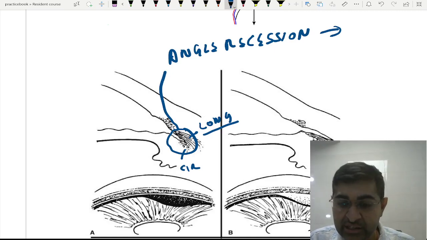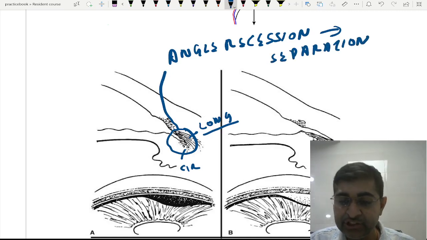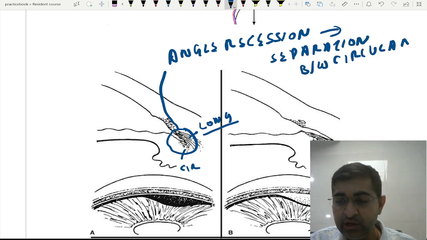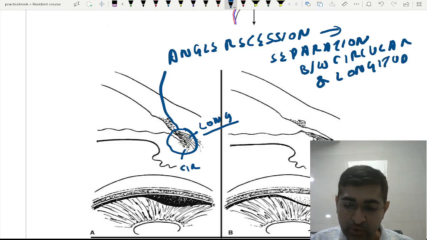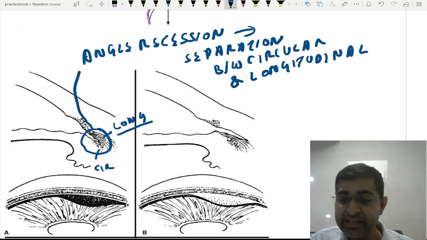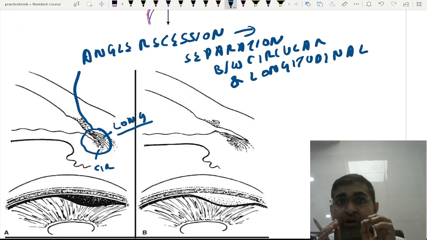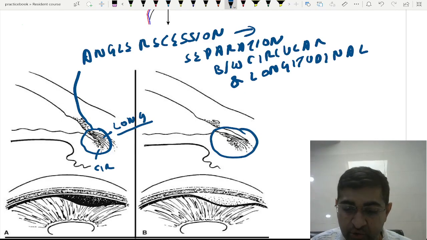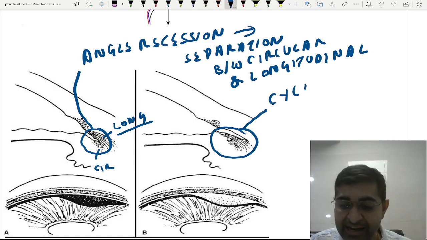So angle recession is separation between circular and longitudinal muscles, okay? So this is your angle recession, right? Now, what is cyclodialysis? This is an image of cyclodialysis.